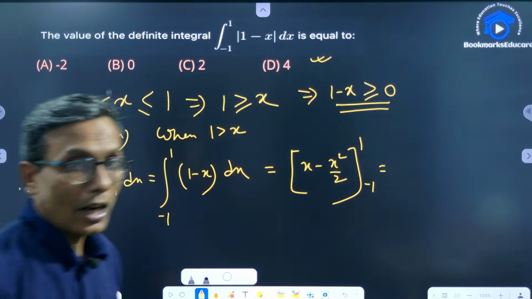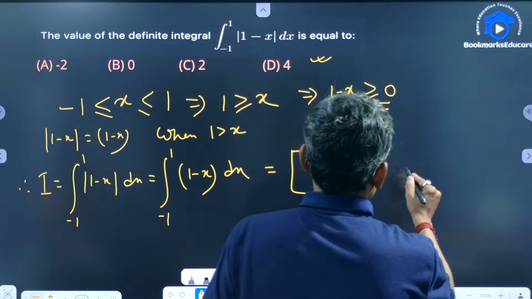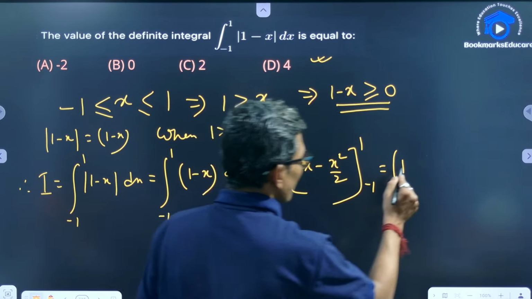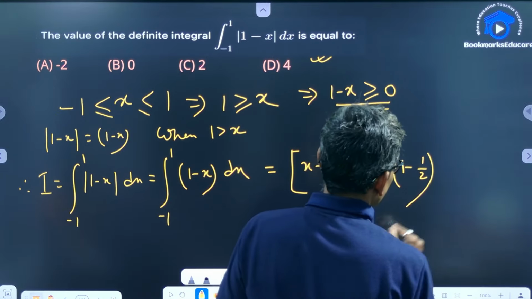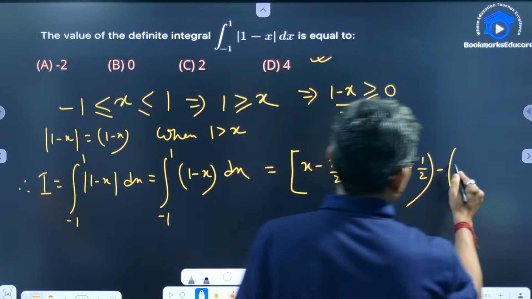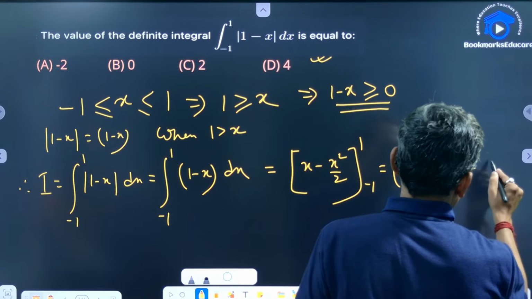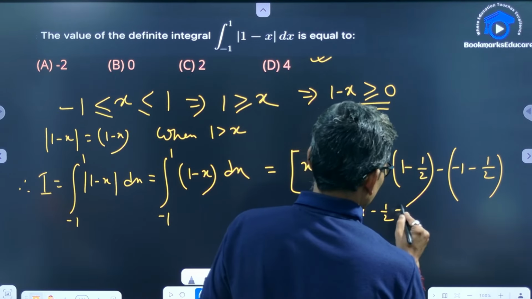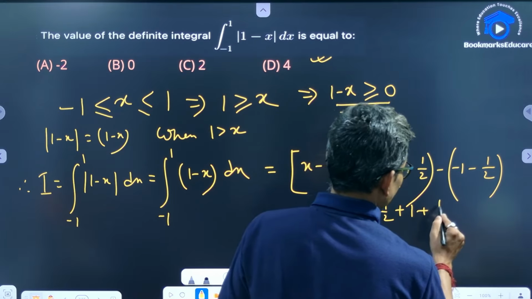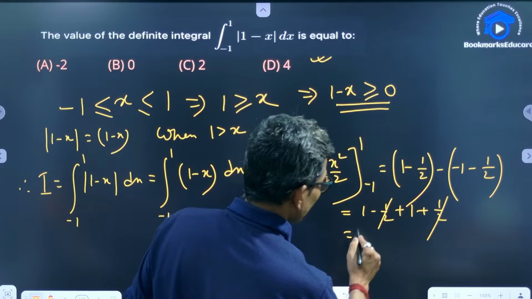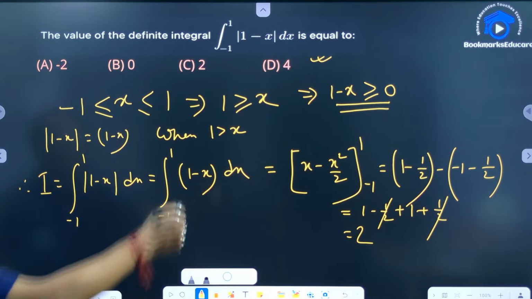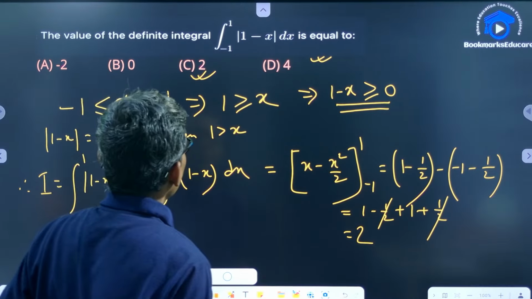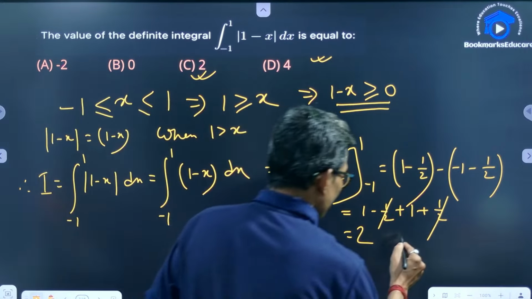Now putting upper limit and lower limit. Putting upper limit instead of x, 1 minus 1 by 2, minus putting lower limit, minus 1 minus minus 1 whole square means 1 by 2. So 1 minus half, minus minus becomes plus, plus half, so half and half get eliminated. So 2 is the required answer of this question. So the right choice is C.